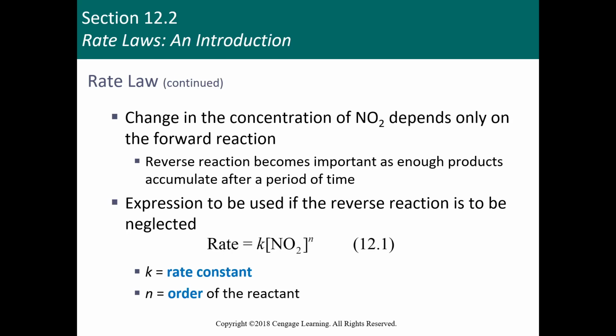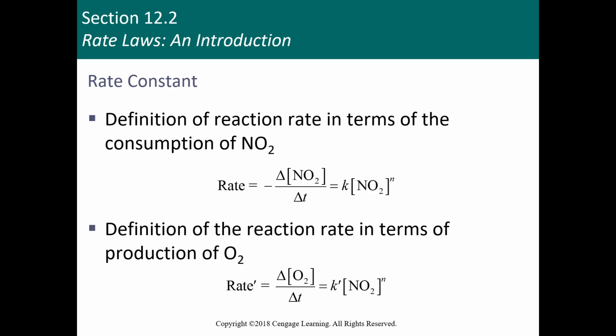This n value is not, I repeat, NOT the coefficient. It doesn't make sense why I'm stressing that so much right now, but once we go on to the next chapter, you're going to realize, my God, I'm going to get this confused. So what you need to do right now is break yourself of any thought that this n number here, these orders of reactant, is a coefficient or related to the coefficient in any way.